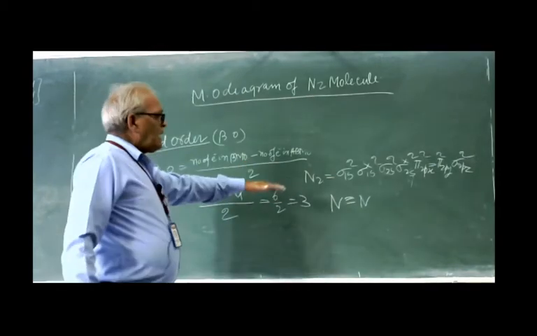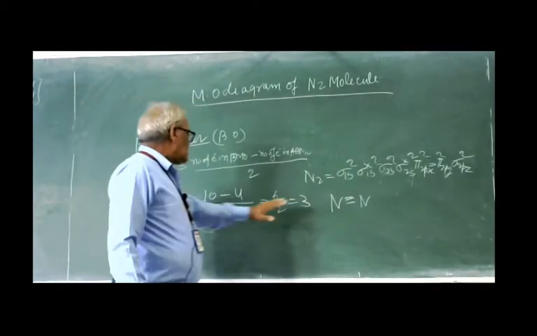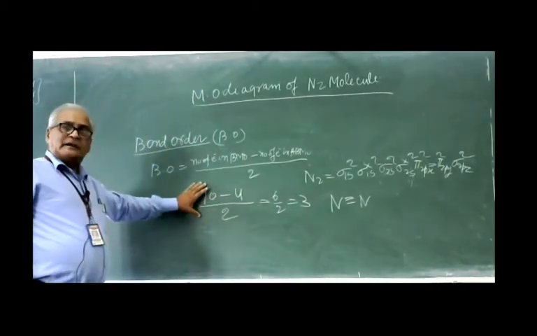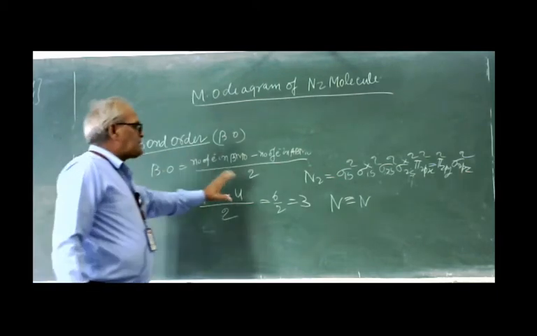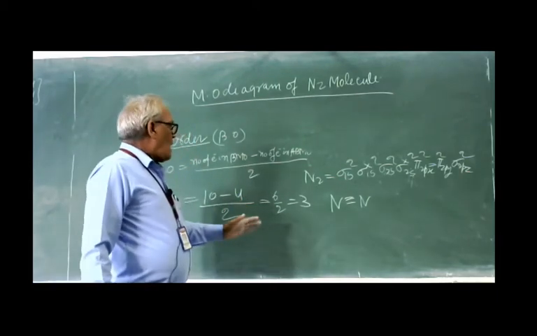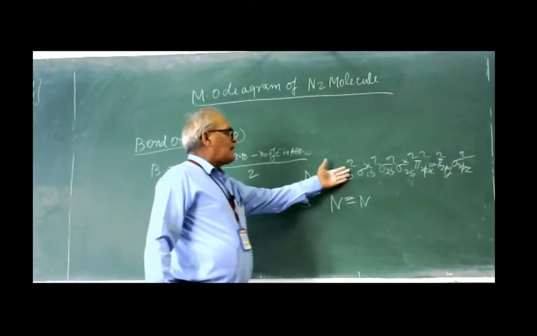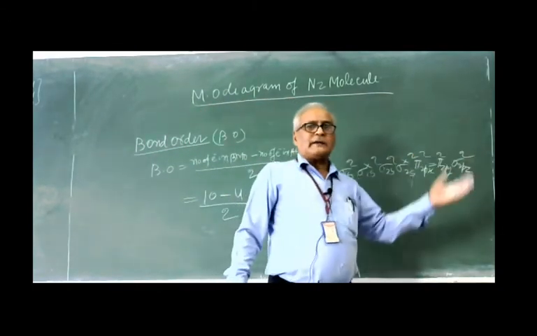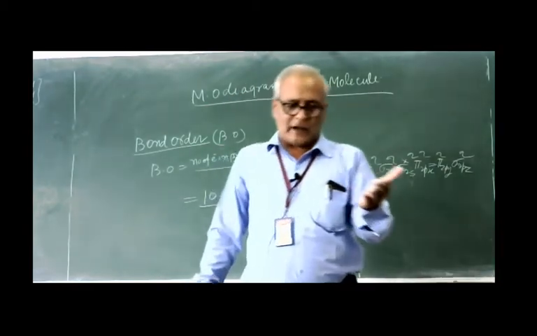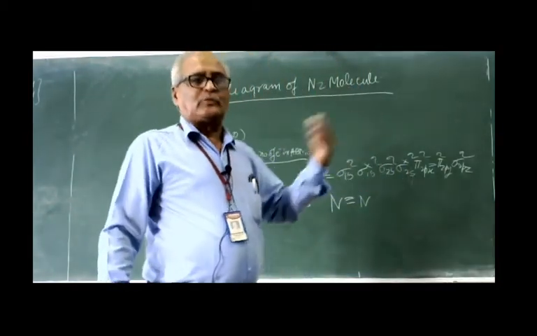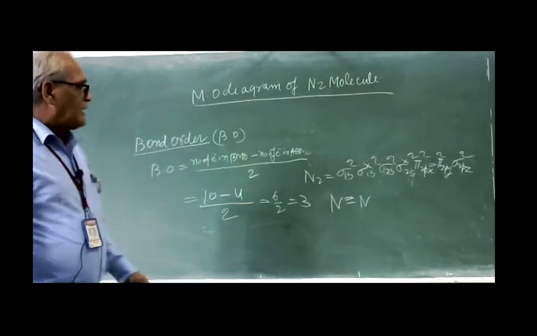So in this way, you can calculate the bond order on the basis of this formula, by calculating the number of electrons in bonding molecular orbitals and in anti-bonding molecular orbitals.